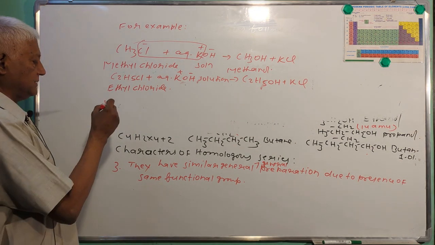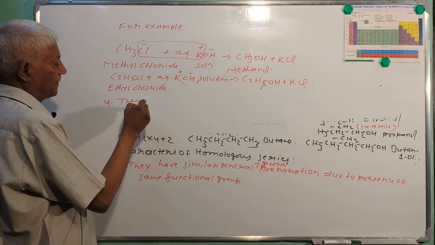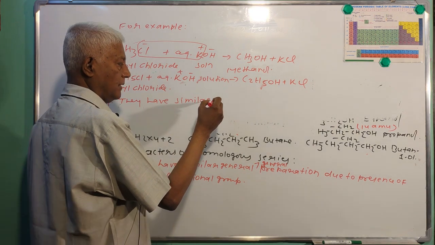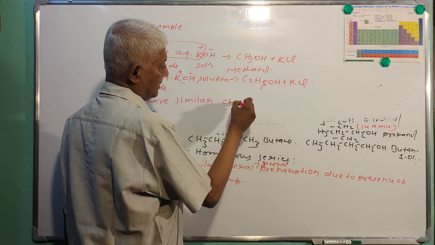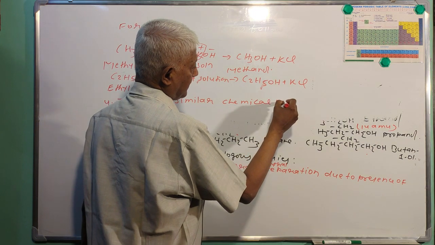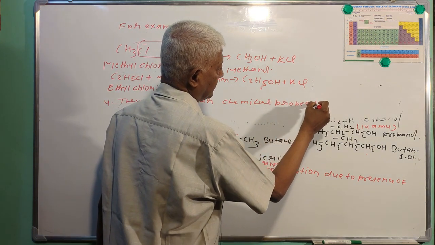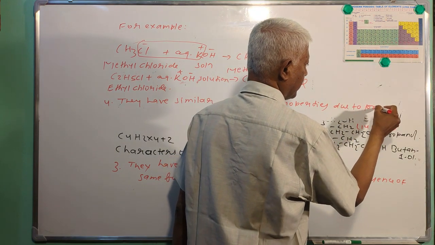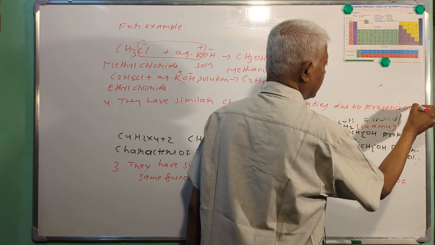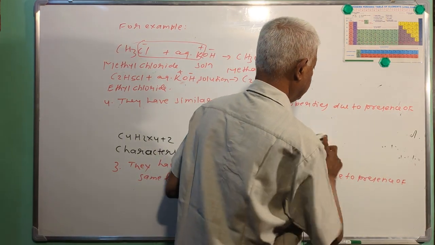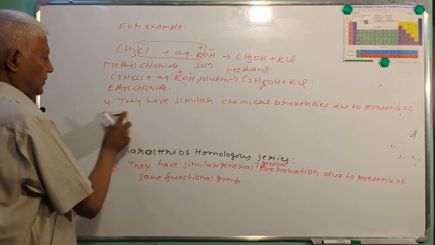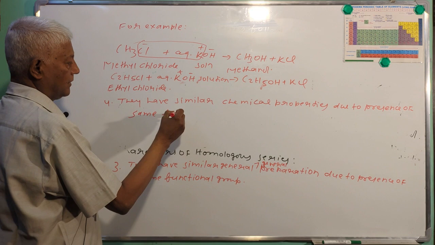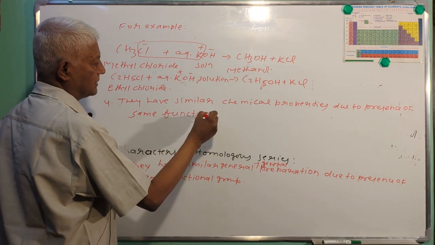Now the fourth character is they have similar chemical properties. Why? Due to the presence of the same functional group.